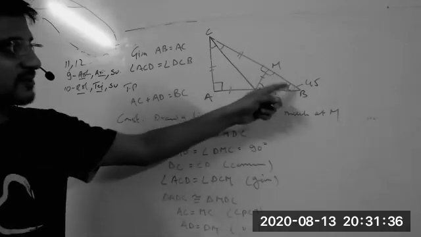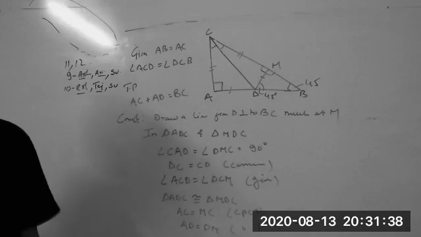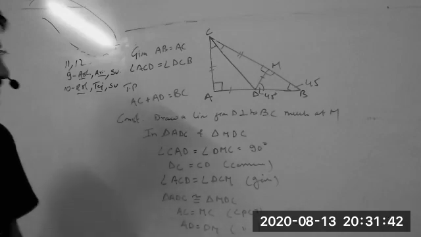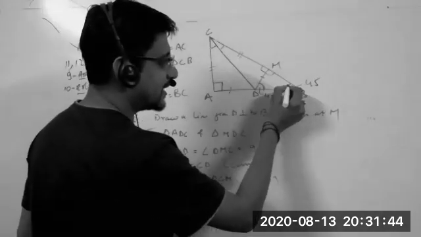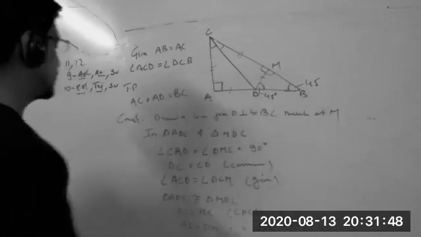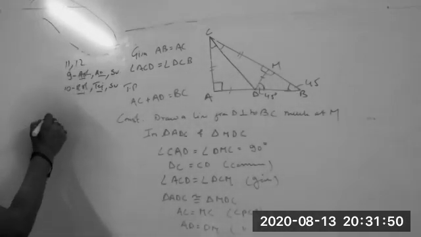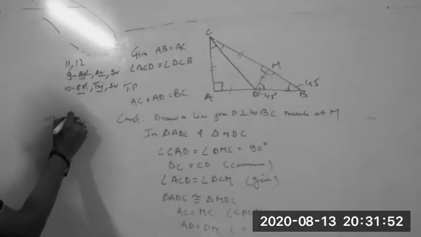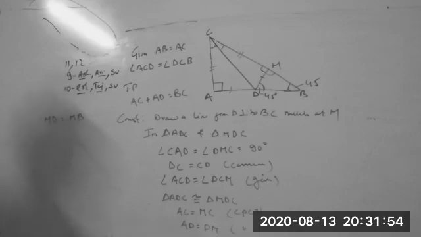Ninety plus 45 is what? 135. 180 minus 135 is what? 45. So these two angles are equal. Therefore, MD is equal to MB. Can we say that?